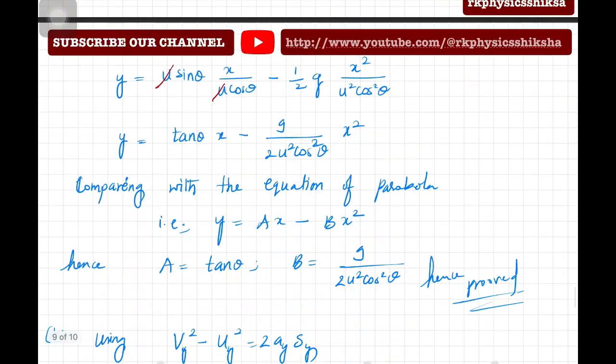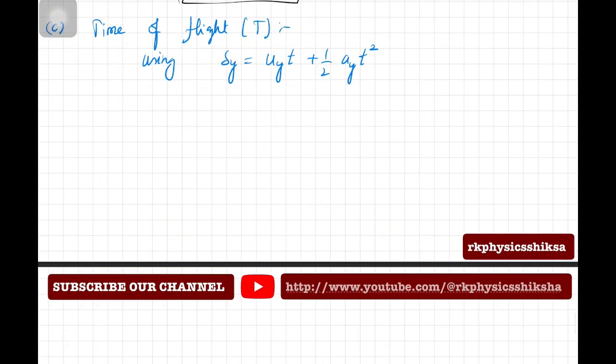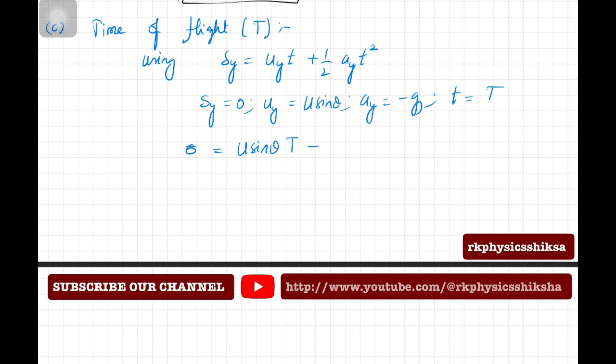So taking Sy equal to 0, and Uy, which we know very clearly is u sin theta, and Ay, which is always acting downwards and is equal to minus g, and time of flight as capital T, what I get is 0 is equal to u sin theta into T minus half into g into T square.